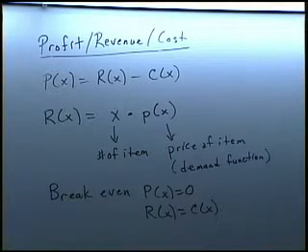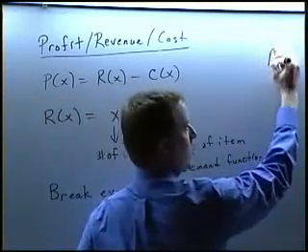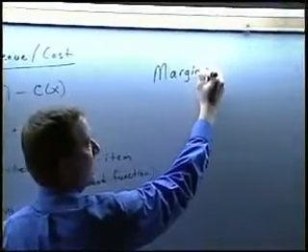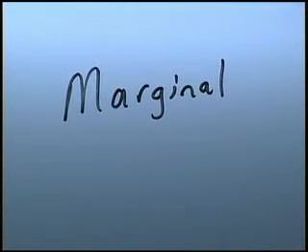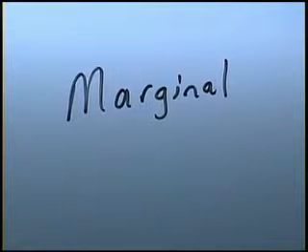Okay? All right, and then one more word that comes up when dealing with these profit, revenue, and cost functions is we end up getting this word marginal in here. And marginal can be applied to any one of these three. We can talk about marginal profit, marginal revenue, marginal cost.